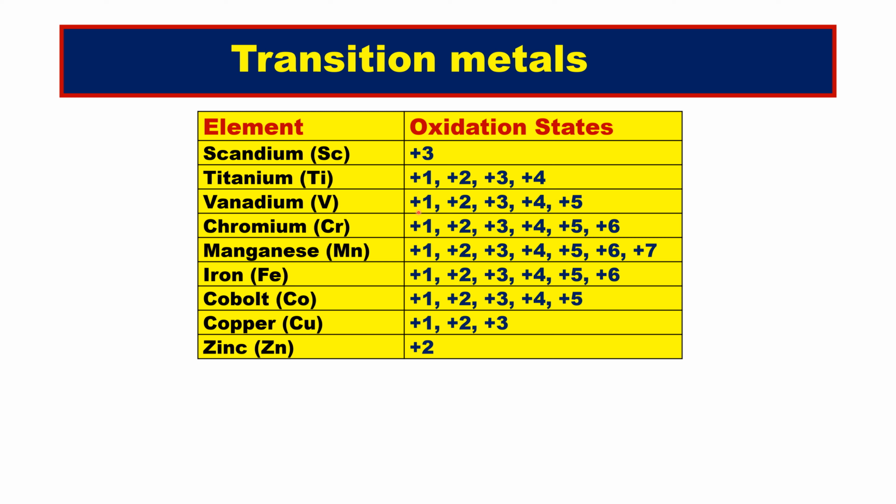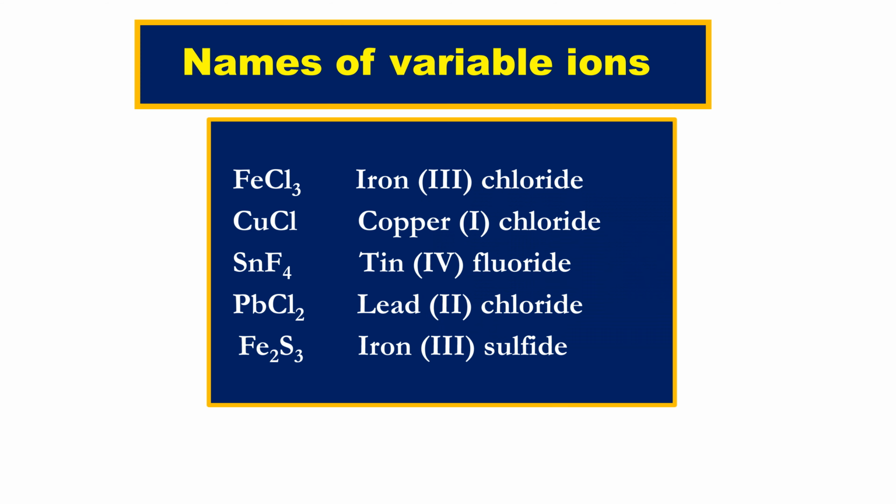Vanadium can form +1, +2, +3, +4, and +5. Chromium can form +1, +2, +3, +4, +5, +6. Manganese can form +1, +2, +3, +4, +5, +6, and +7. So most transition metals can form many positive ions.